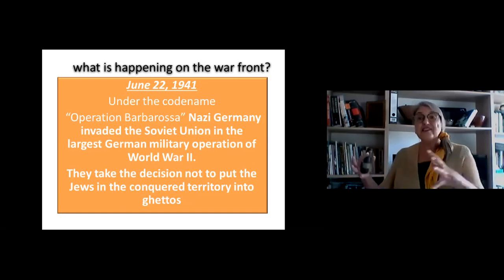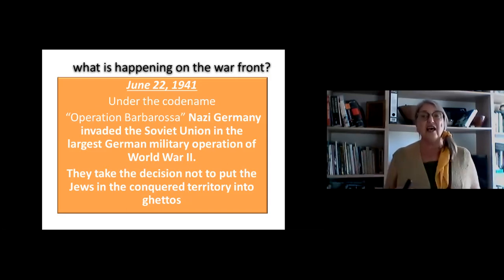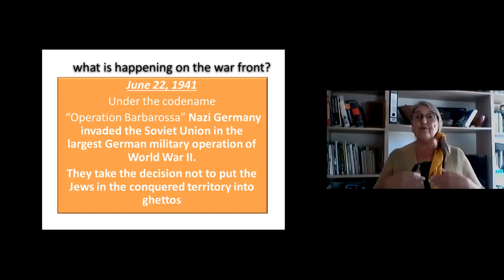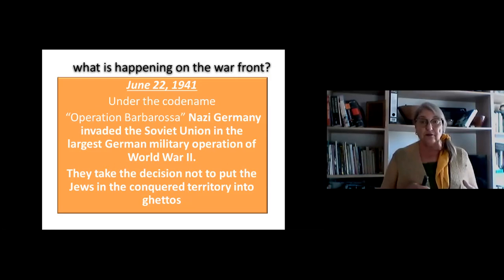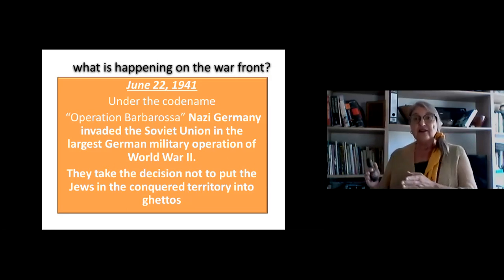And when they invaded this territory, they decided that they were not going to repeat what they had done before. They were not going to put Jews into ghettos. What they decided was that they were going to kill every last man, woman, and child who was Jewish.